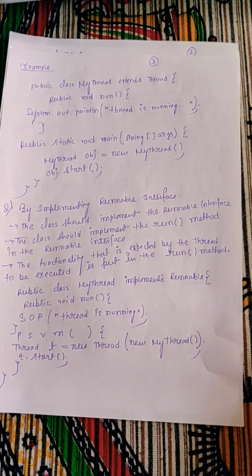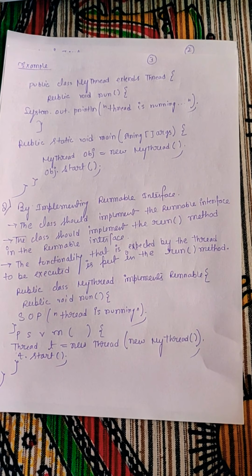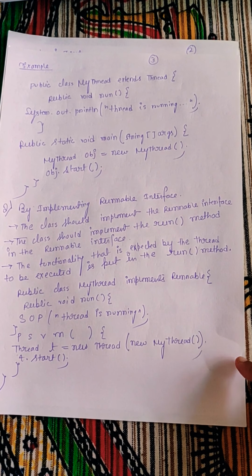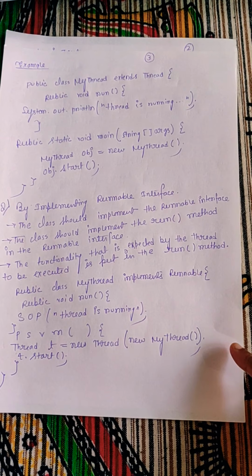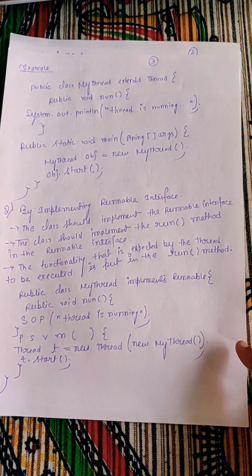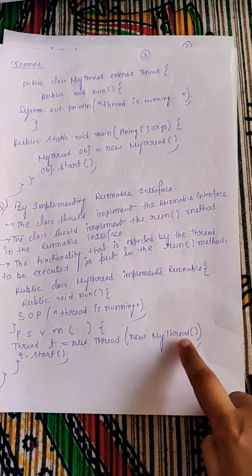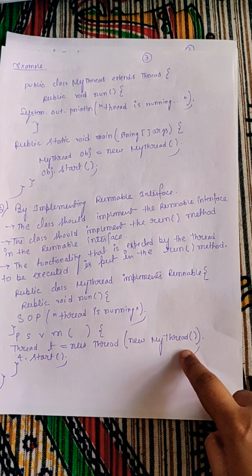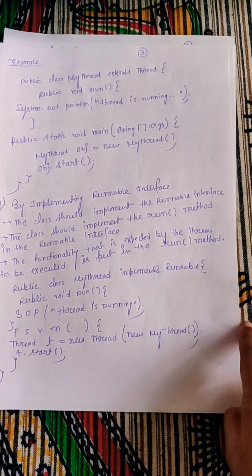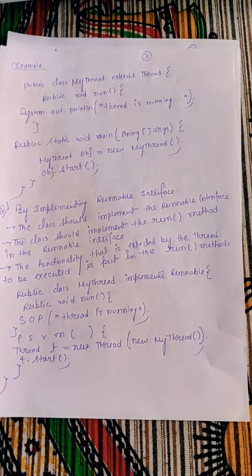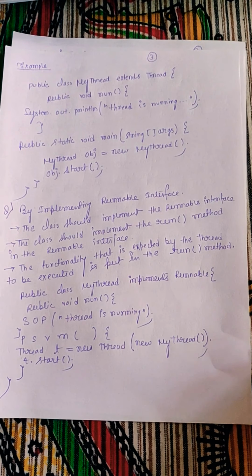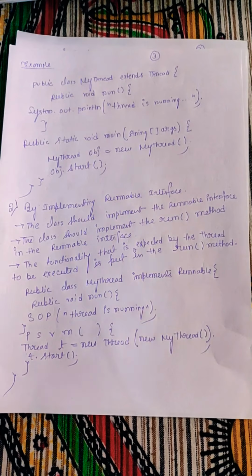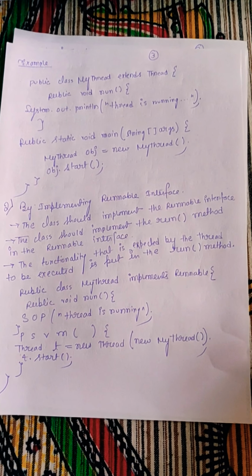That's why we have written Thread t = new Thread(new MyThread()). Then t.start. Otherwise, we can also write it this way: MyThread obj = new MyThread(), and in the next line Thread t = new Thread(obj), then t.start. So in these two ways we can create the thread object.